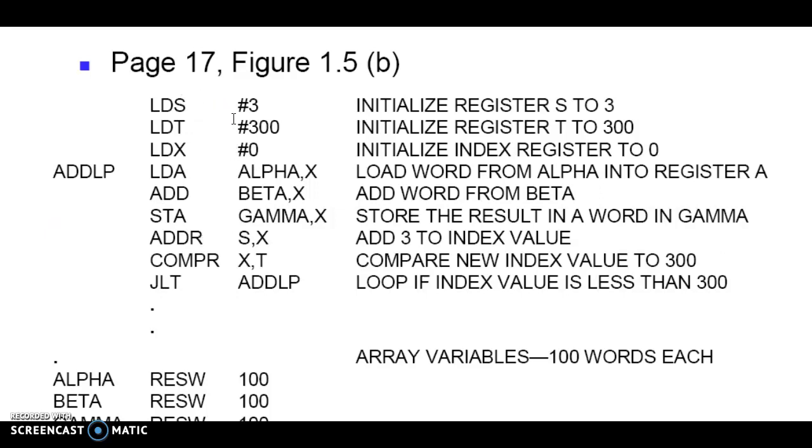Here we are storing the value 3 to the S register, and 300 to the T register. LDX will be initialized with the value 0.